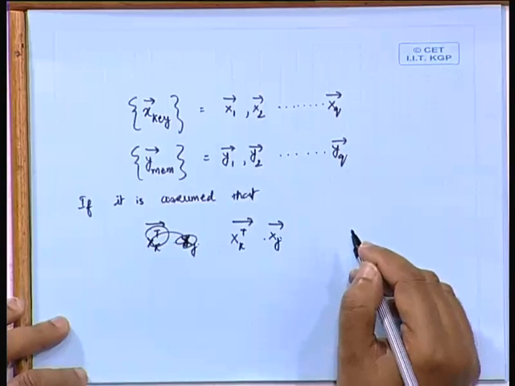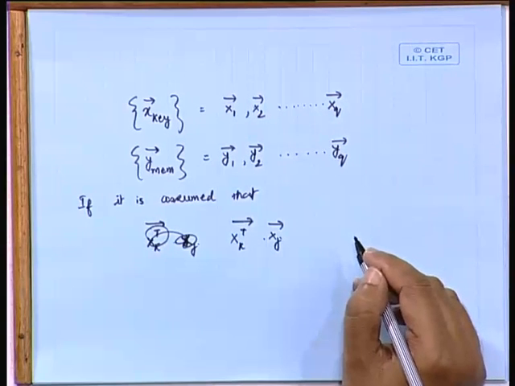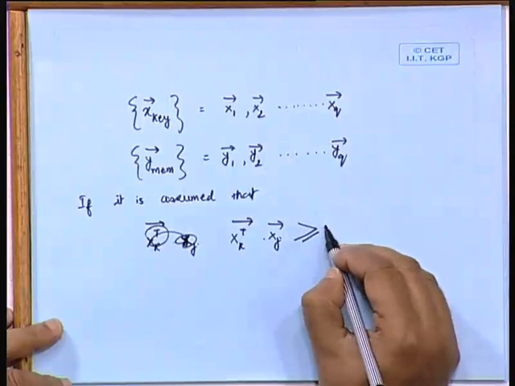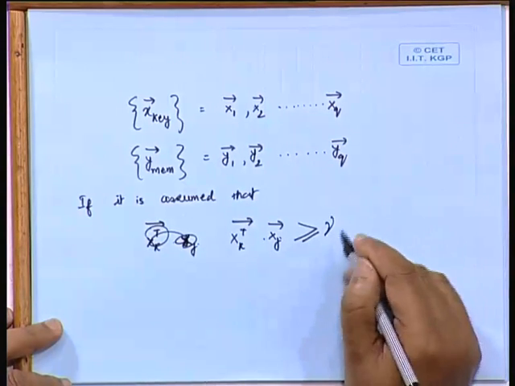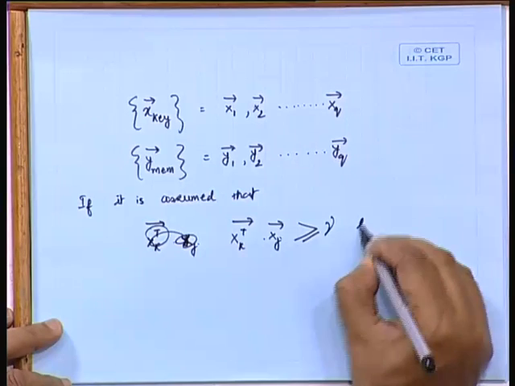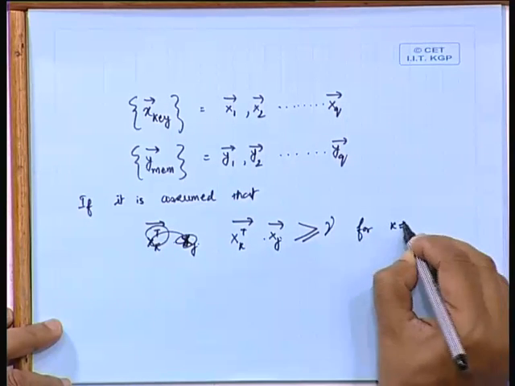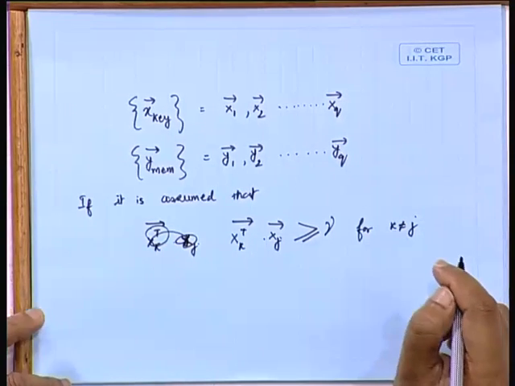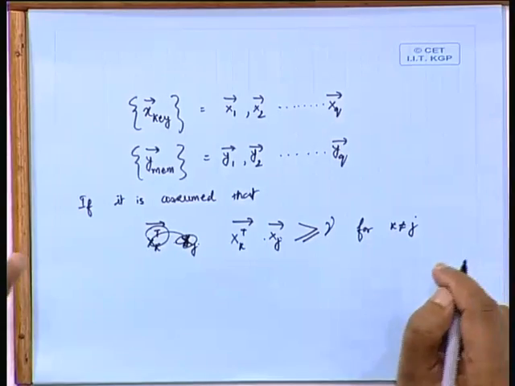This one we had assumed to be 0 when there was a perfect recall. But if we now say that this is greater than or equal to some gamma, for k not equal to j, what is gamma?